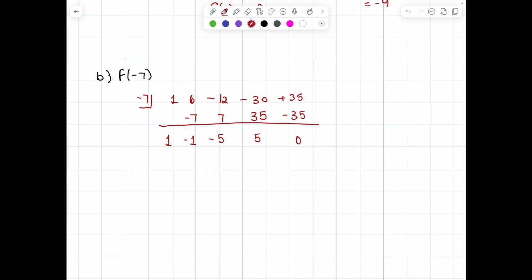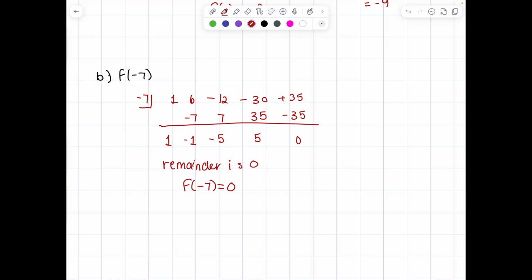So what we can conclude from this is that the remainder is 0, -7 goes into the polynomial evenly. So x plus 7 is a factor of this polynomial, right? The remainder is 0. So f of -7 equals 0.